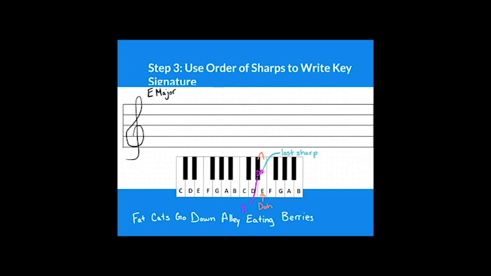We've already discovered that D is going to be the last sharp, so that means that we don't need any of the ones that come after D, but we do need to include all of the ones that come before it, which is G, C, and F. So now we're ready to write our major key signature. So we have F sharp, C sharp, G sharp, and D sharp is our key signature for E major.